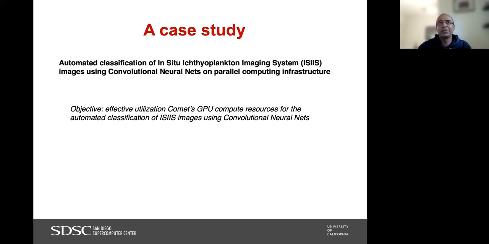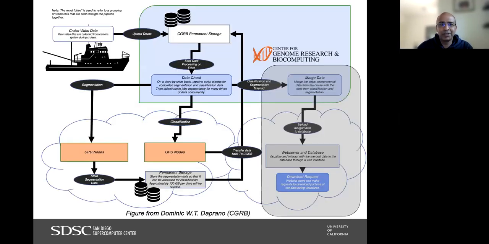It was Comet. They would do some analysis on Comet CPUs, then move the data to Comet GPUs, do some analysis, and then move the data back to their center. So this was a pretty complex process.